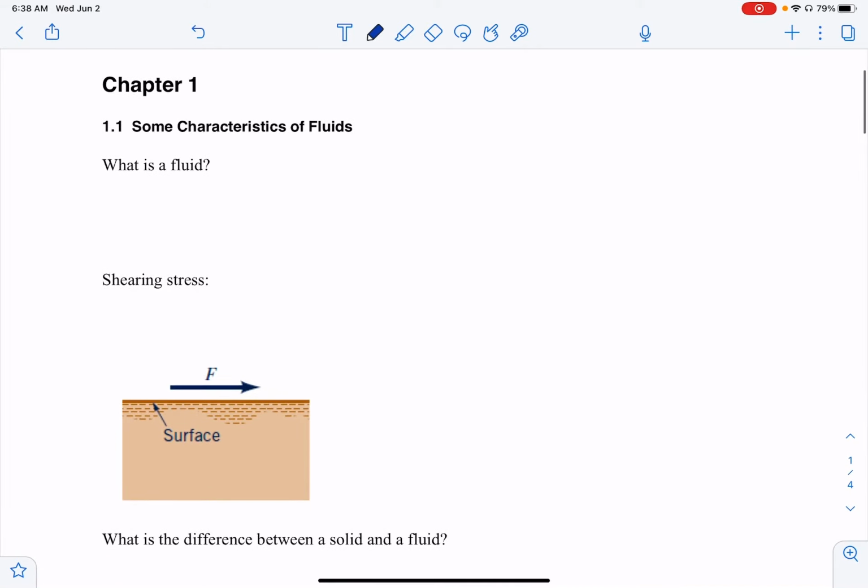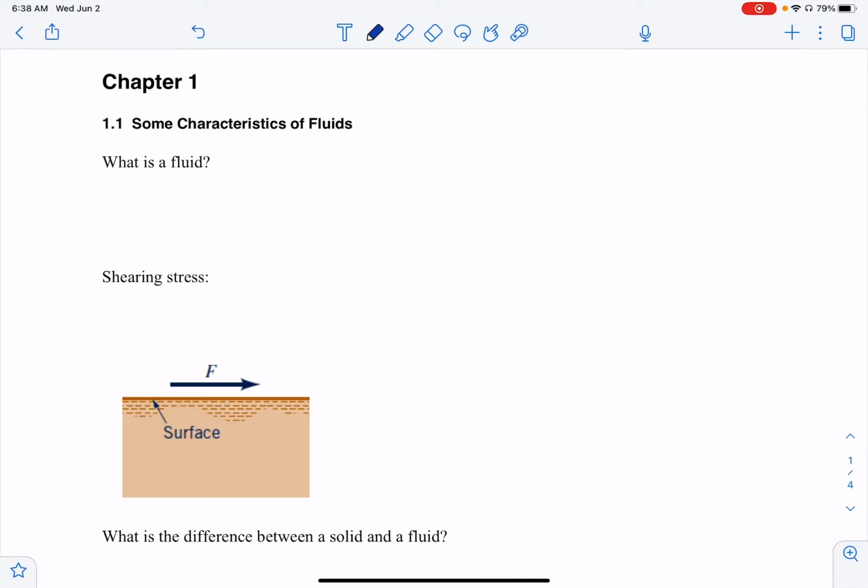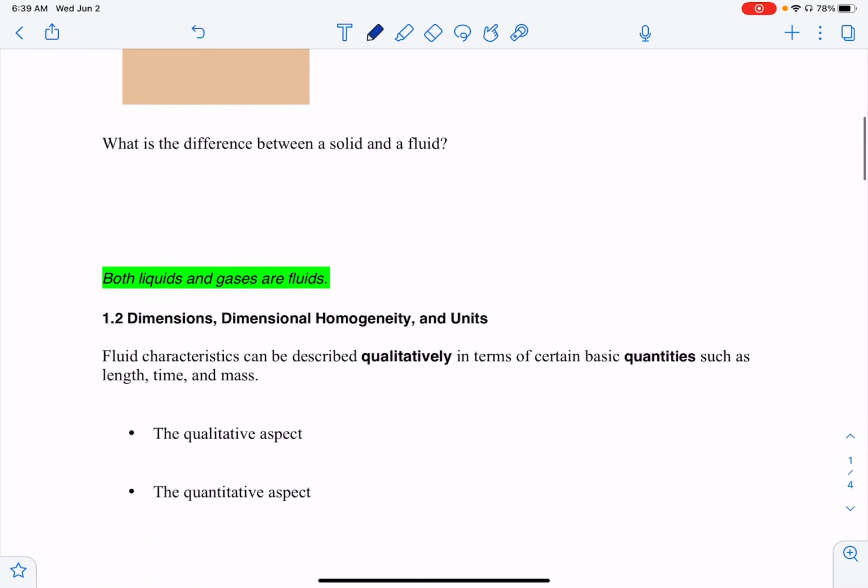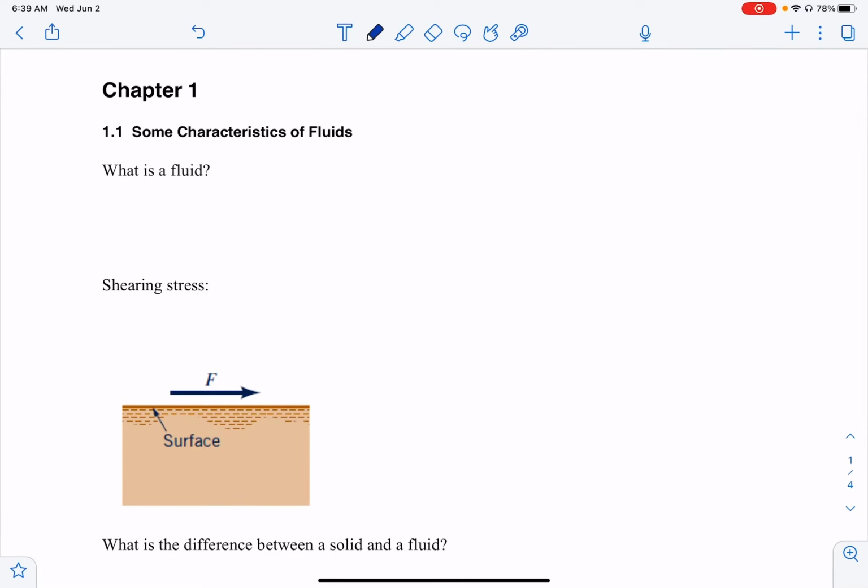So, chapter 1 of fluid mechanics. First of all, in this class, you know that this is fluid mechanics, so we need to know the definition of the fluid.